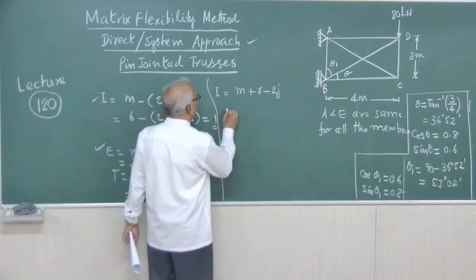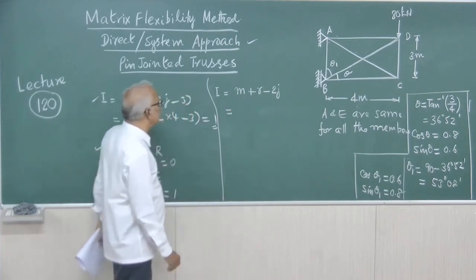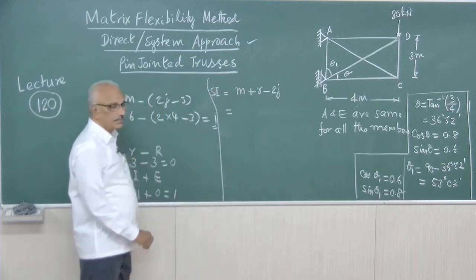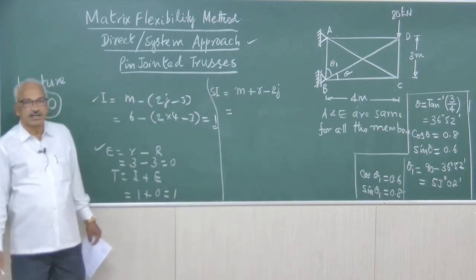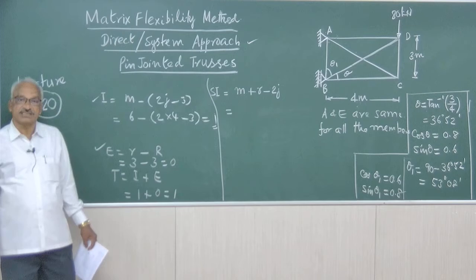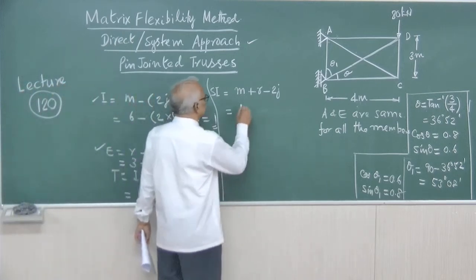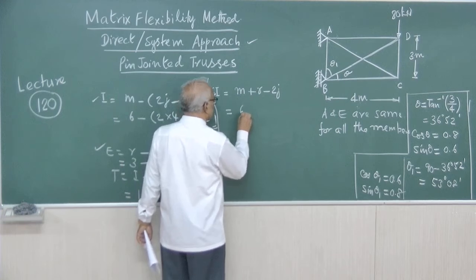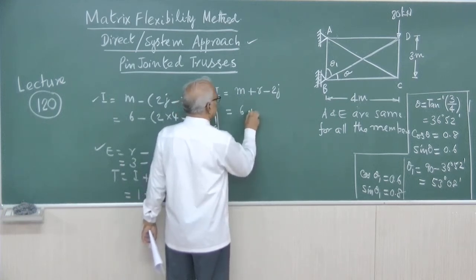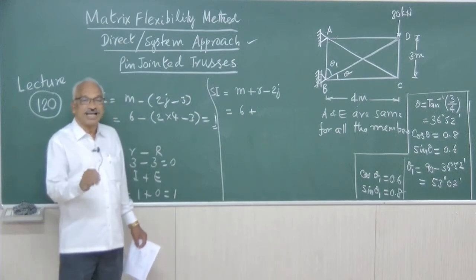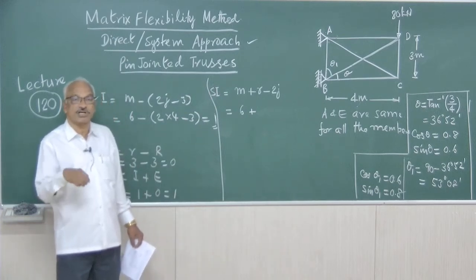The degree of static indeterminacy is given by I equal to m plus r minus 2j. That is also another formula. Here m stands for the number of members, 6, and r stands for the number of reaction components available.